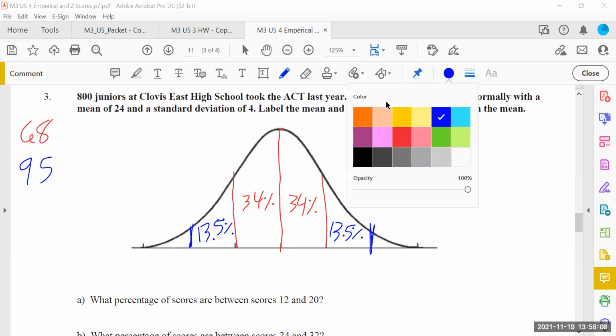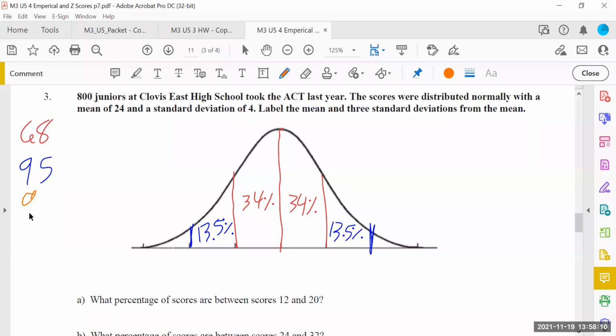If I go out 3 standard deviations, that's 99.7%. If I do 99.7 minus 95, that gets me 4.7%. Take half of that. This little piece right here is 2.35%. And this piece over here is 2.35%.